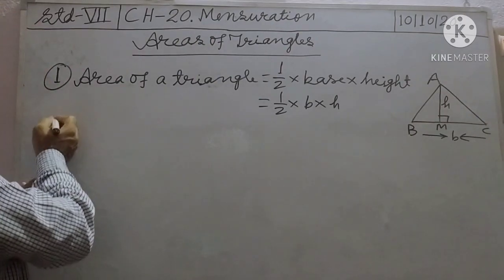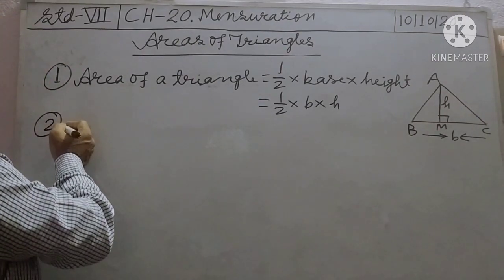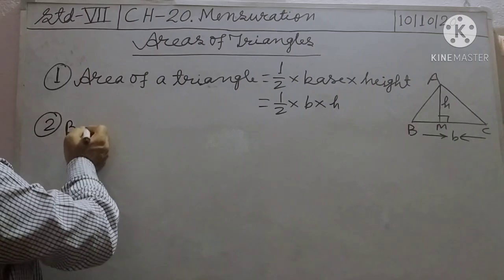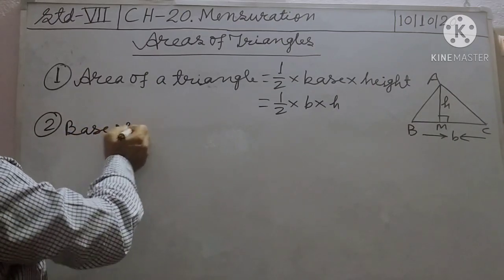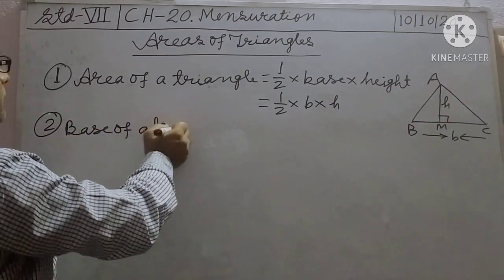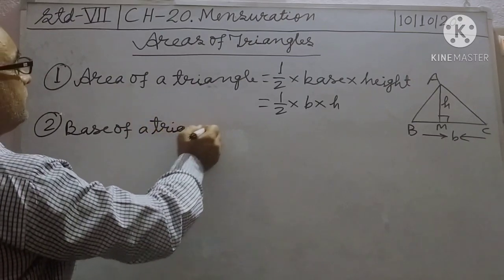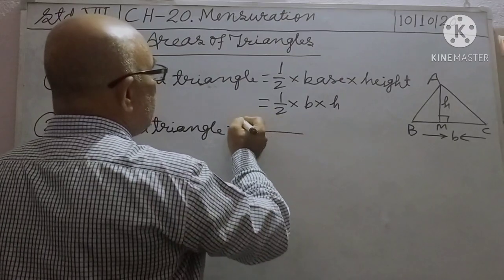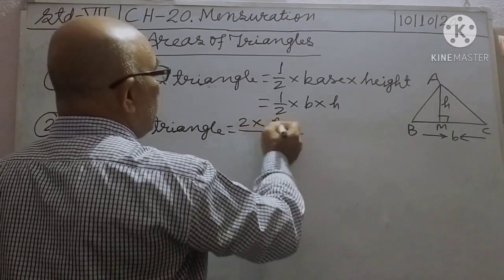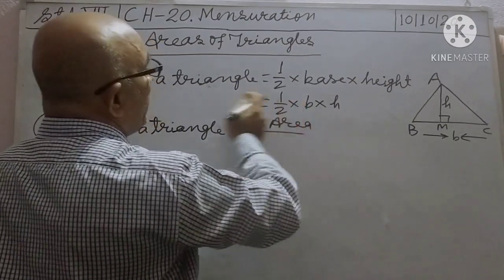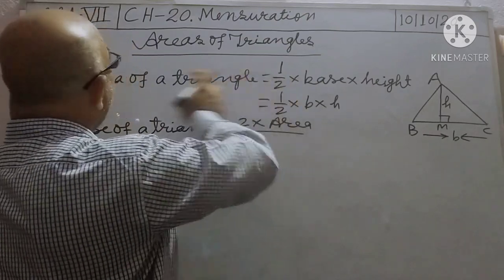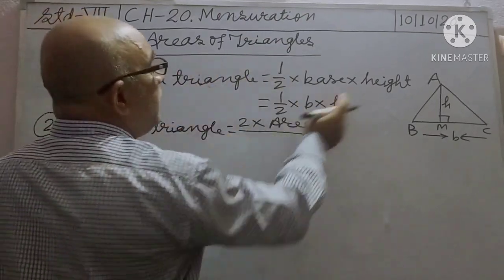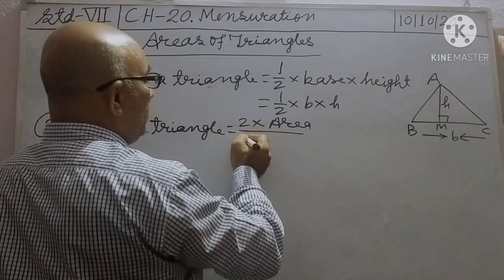And second formula is base of a triangle. Base of a triangle equal to 2 into area, by transposition, 2 into area divided by height.